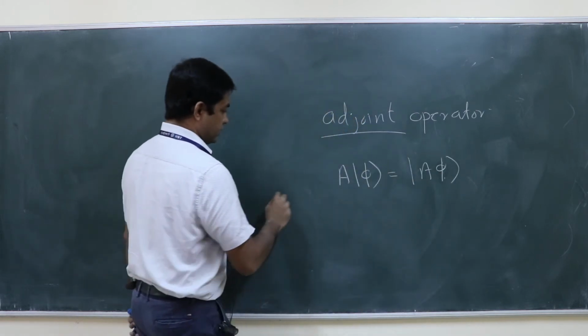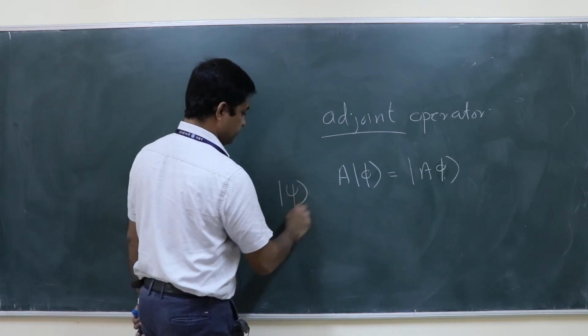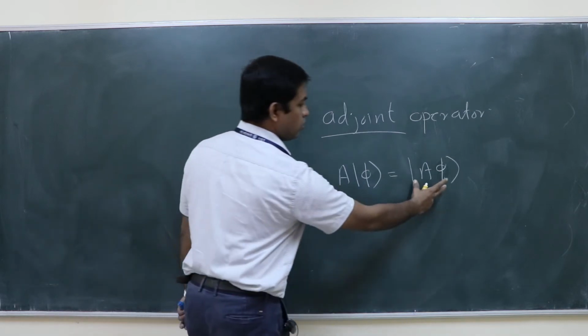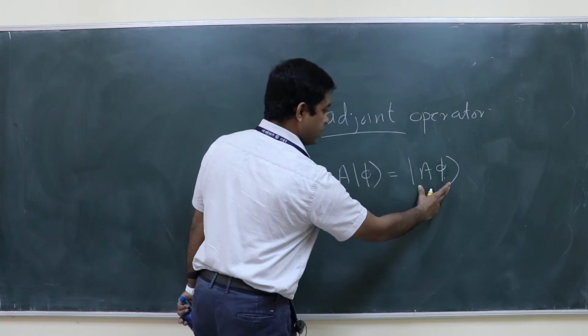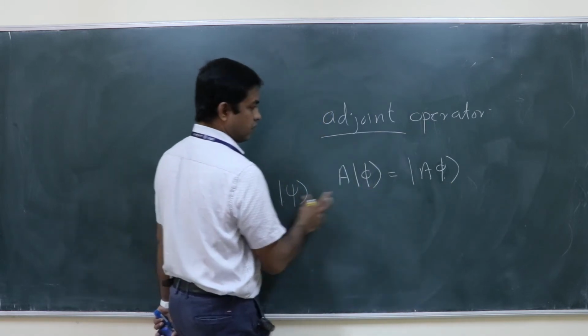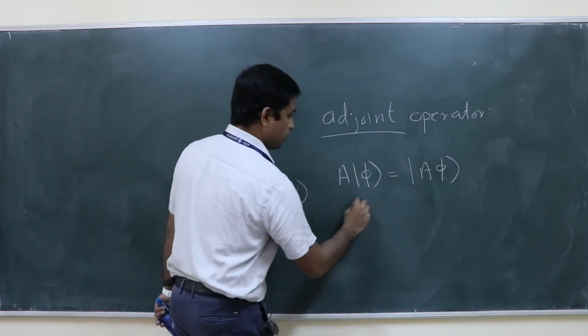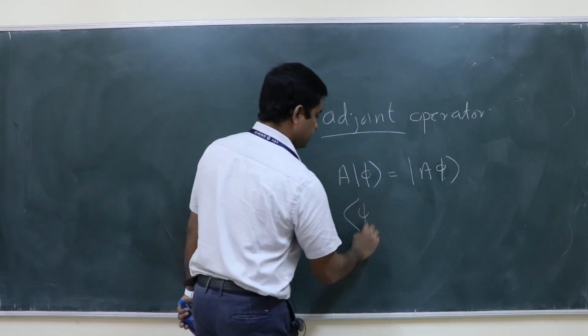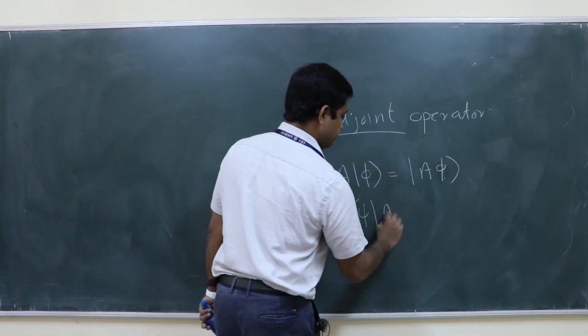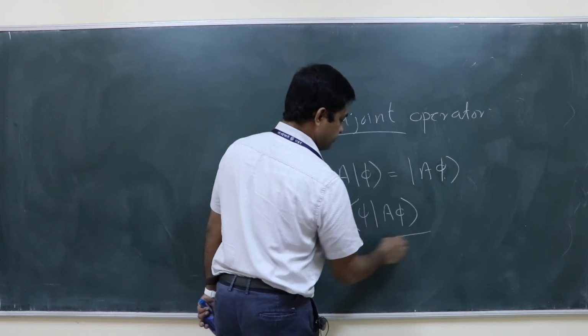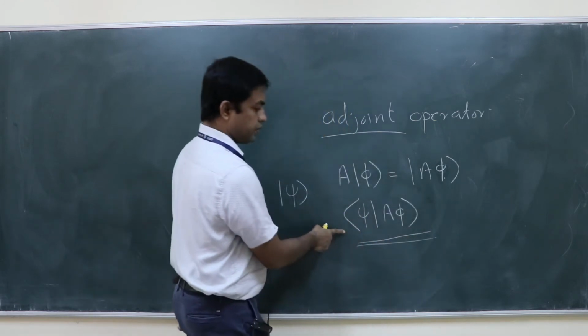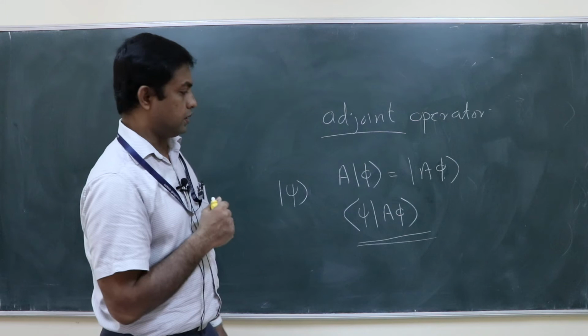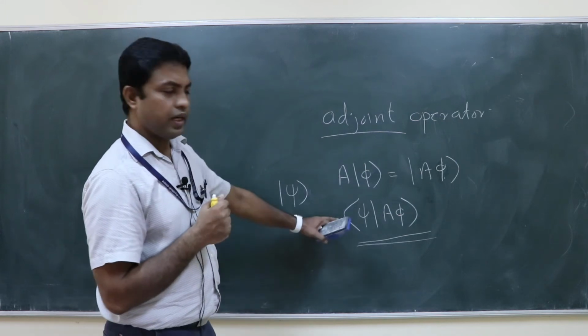There is another vector psi, so I can find the inner product of psi with this vector. What will this be? This will be a complex number, in general.